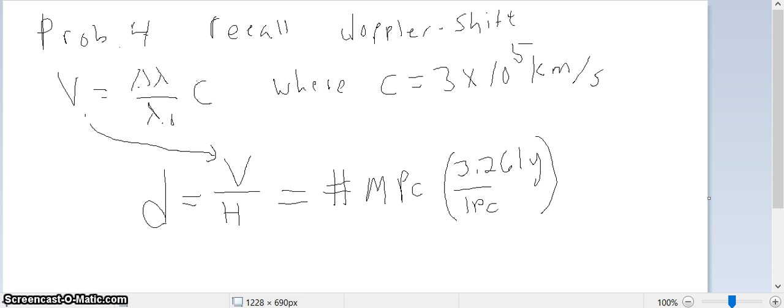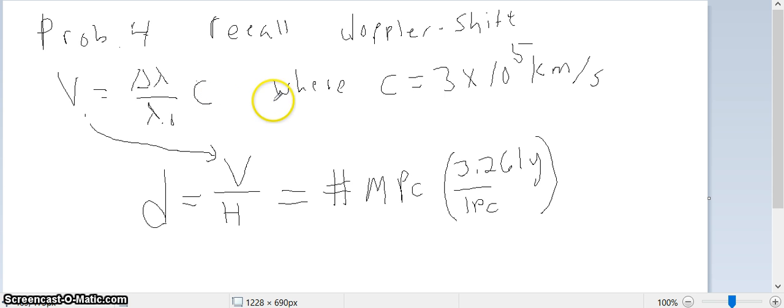Recall the Doppler shift formula: the velocity is equal to delta lambda divided by lambda naught, where lambda naught is the wavelength when the object is in the lab or at rest with respect to you, times the speed of light.